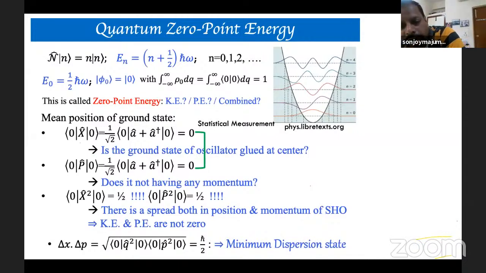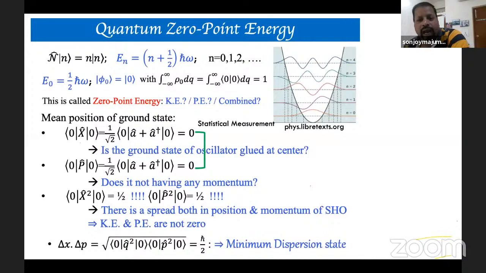Whatever experiment or natural phenomenon you see, everything can be represented in terms of harmonic oscillators. This is one of the basic ways to explain things.